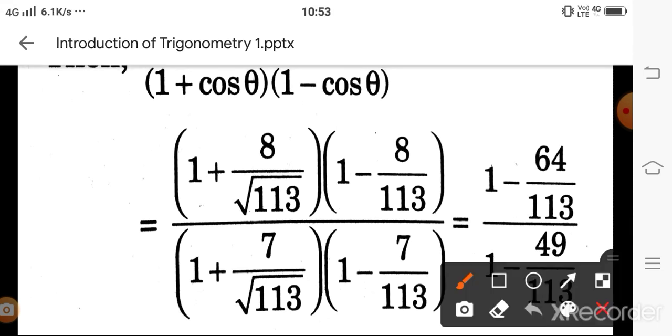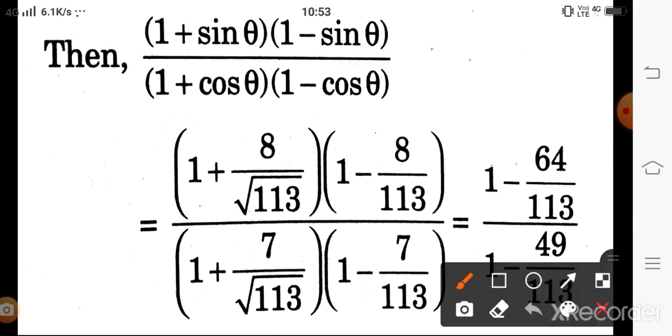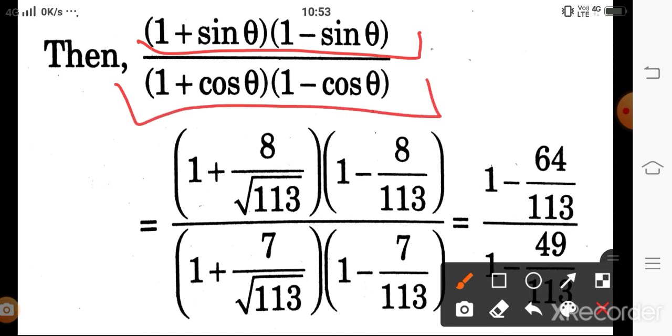(1 minus sine theta)(1 plus sine theta) upon (1 plus cos theta)(1 minus cos theta). If you observe, you also get the identity a square minus b square, and that is also correct. Use the identity and put the value of sine or cos, and if you are not using the identity, then solve like this. Put the values: (1 plus 8 upon under root 113)(1 minus 8 upon under root 113) in the numerator.